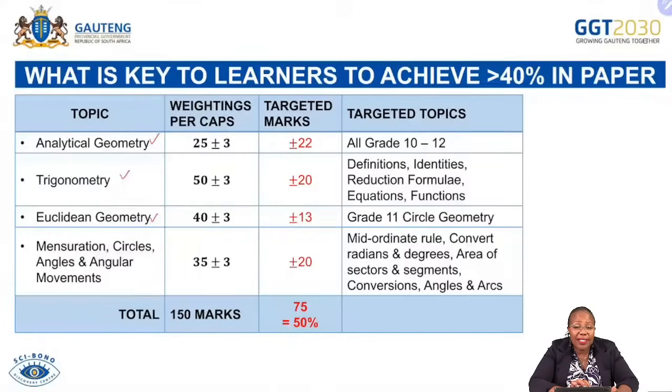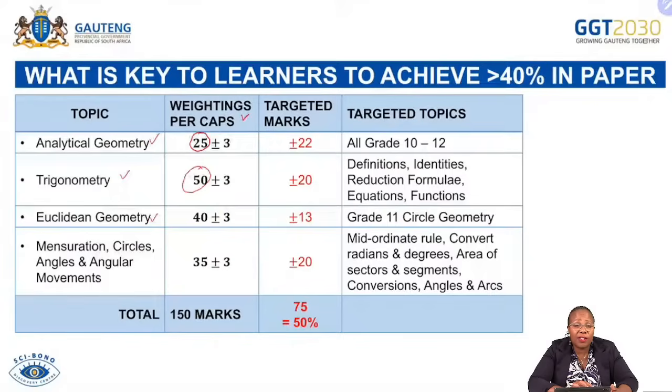Now, the weighting out of your 150 total marks: analytical geometry is taking 25 plus minus 3. Trigonometry is taking 50 plus minus 3. Can you see that trigonometry is dominating in terms of marks?